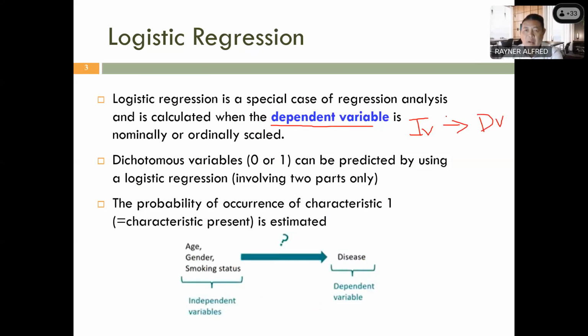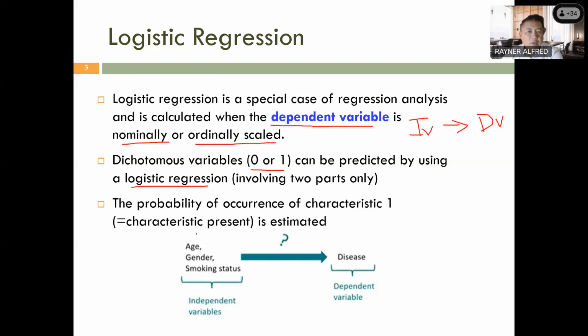Whenever your dependent variable is nominal, meaning categorical values like male, female, or ordinal scale, where ordinal means you have order, we can use this dichotomous variable, which involves two parts only, 0 or 1, that can be predicted by using logistic regression.